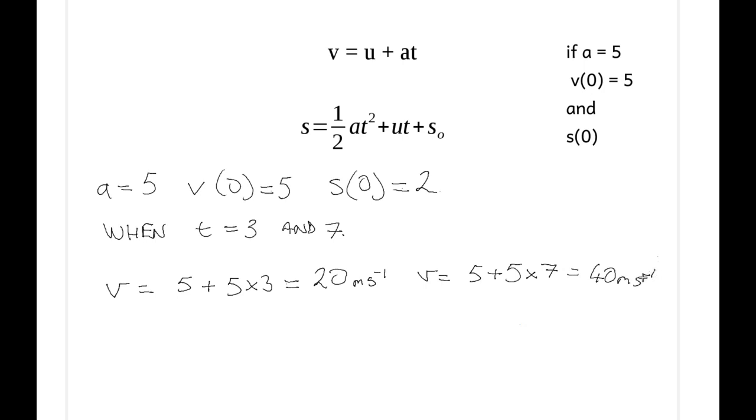If we do the other one for displacement, S equals a half times 5 for acceleration, and the first one is 3 seconds, so it's 3 squared, plus 5 times 3, plus 2 for our initial displacement, 2 meters, and that gives us 24.5.